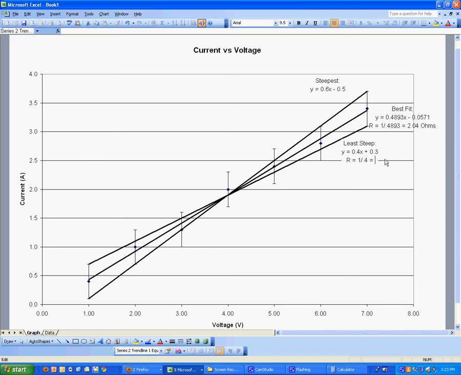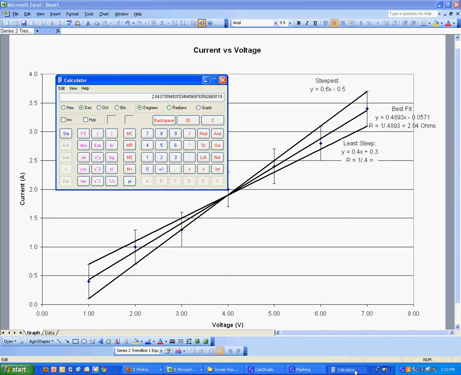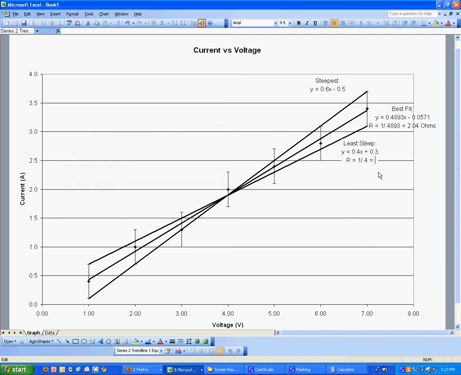Well, 0.4 is 4/10, so 10 over 0.4. 10 over 4 is 2.5, is that right? Okay, space case here, let's go. 1 divided by 0.4 is 2.5, yes, I knew that. 2.5 ohms, right? Oh, that's nice.